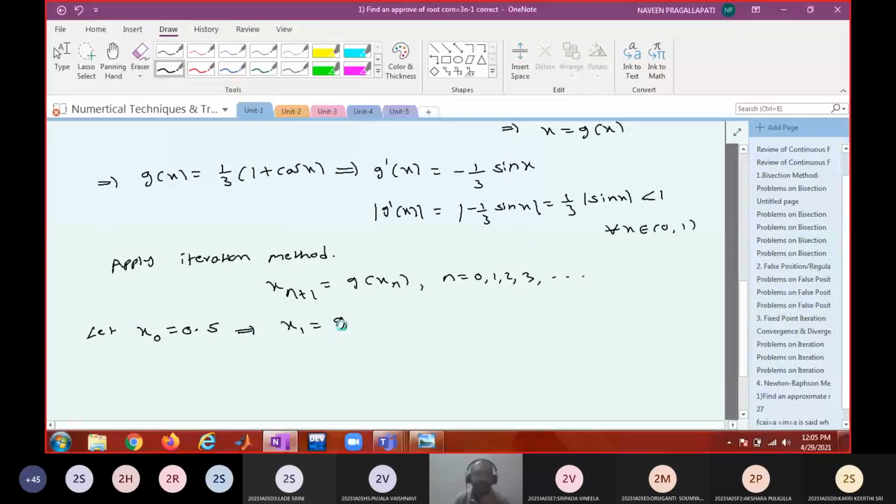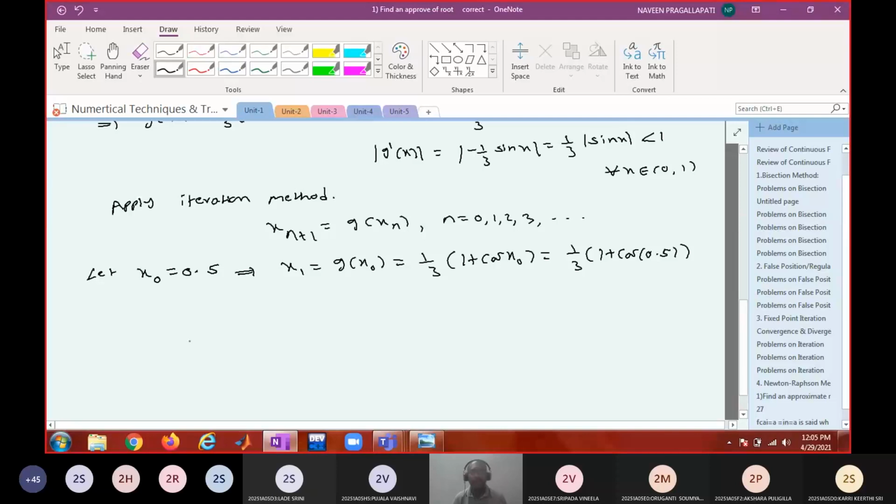Then what is x1? x1 is g of x naught. What is g of x naught? g of x naught is 1 by 3 times (1 plus cos x naught). That means 1 by 3 times (1 plus cos 0.5). Compute the x1 value using your calculator.